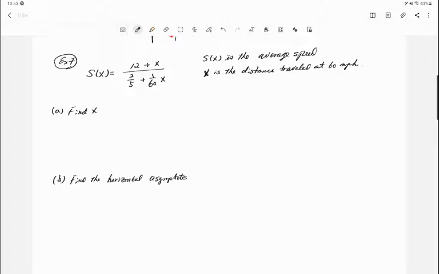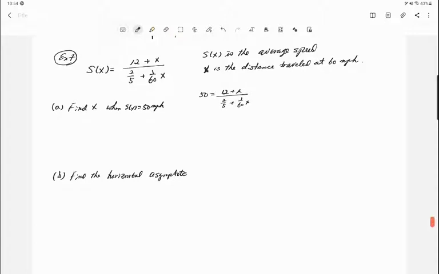Let's say the average speed is equal to 50 miles per hour. This is given, so we set 50 as the average speed and write the equation. From this we will find x.